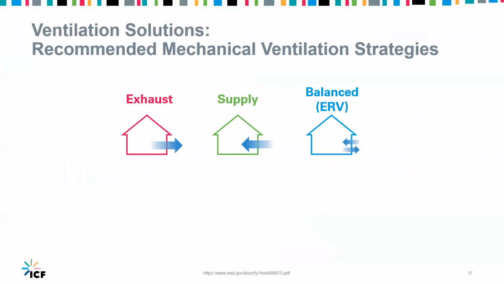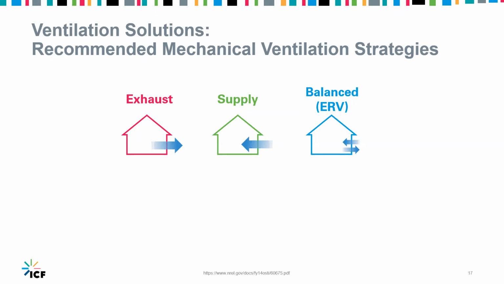So next up is whole house mechanical ventilation. Code requires this, Energy Star requires this, but it's basically up to builders to decide what type of ventilation is best for them. Typically, you're going to be looking at exhaust systems, supply systems, and balanced systems like an ERV or an HRV. Exhaust would be pulling air out of the house. Supply would be forcing it into the house.